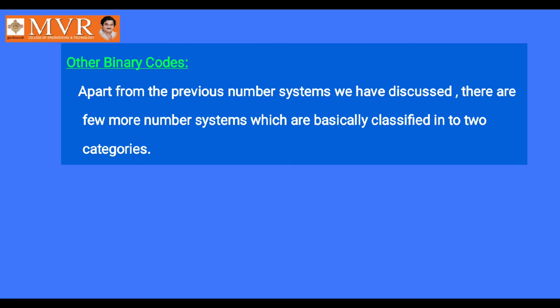As we have already discussed, there are number systems like binary, octal, decimal, hexadecimal, and BCD. Apart from all those previous number systems, we have some other number systems to discuss in this session, and they are broadly categorized into 2 categories.